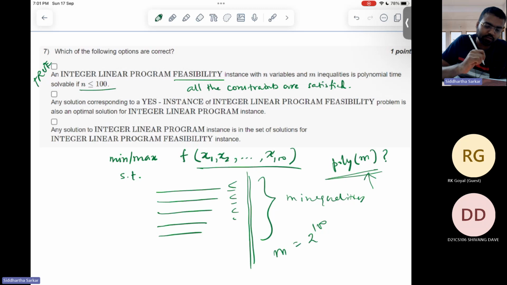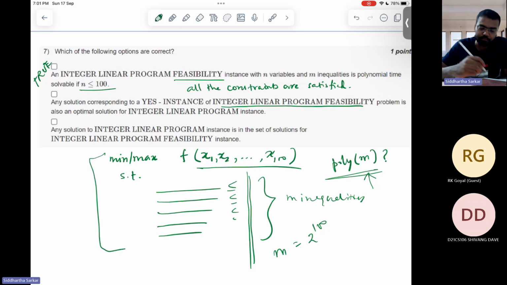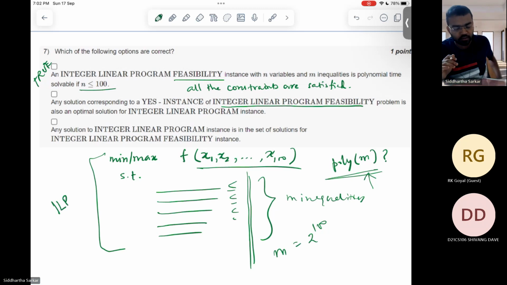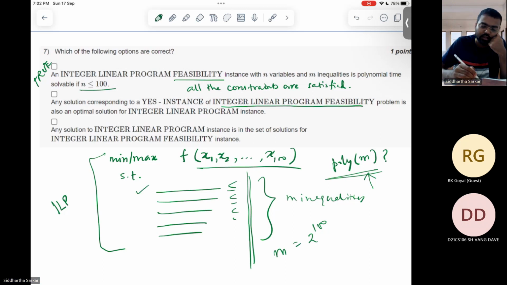Okay, so the next one is simple. Suppose you are given an integer linear program feasibility question. You are given a program, ILP, and there exists an assignment of these variables such that all the constraints are satisfied. In that case, that kind of an ILP instance is called an ES instance.